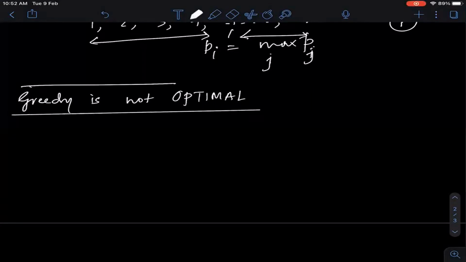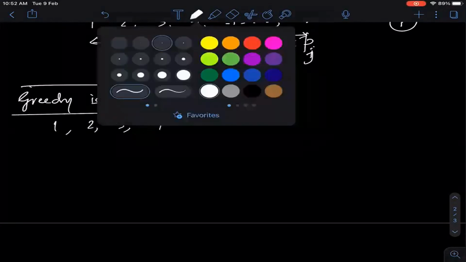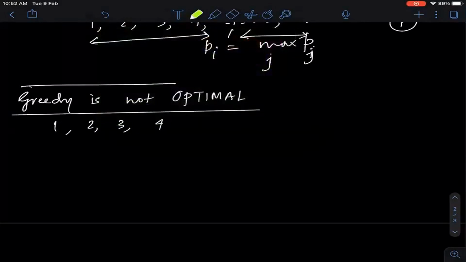Suppose the example is 1, 2, 3, 4, and the probabilities are, let's say, 1 is 0.1, 2 is 0.34, this is 0.33, and this is 0.32.